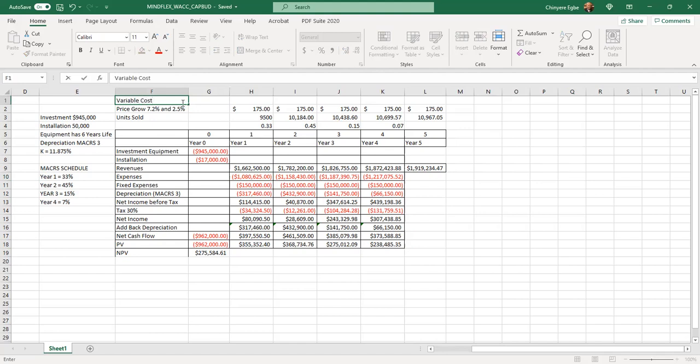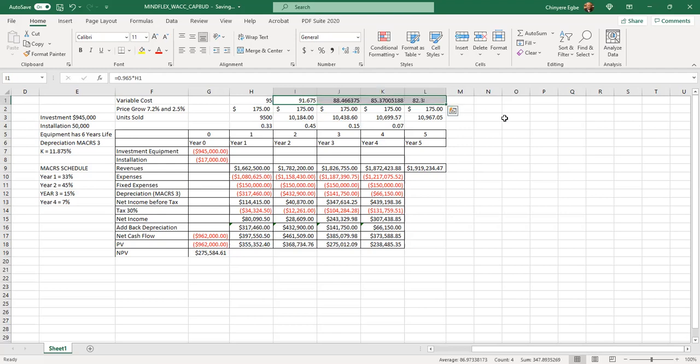Variable cost. The first year will be 95. The second year will decrease by 3.5%, which is 0.965 times H1. So variable cost will be $91 the second year, and so forth and so on.